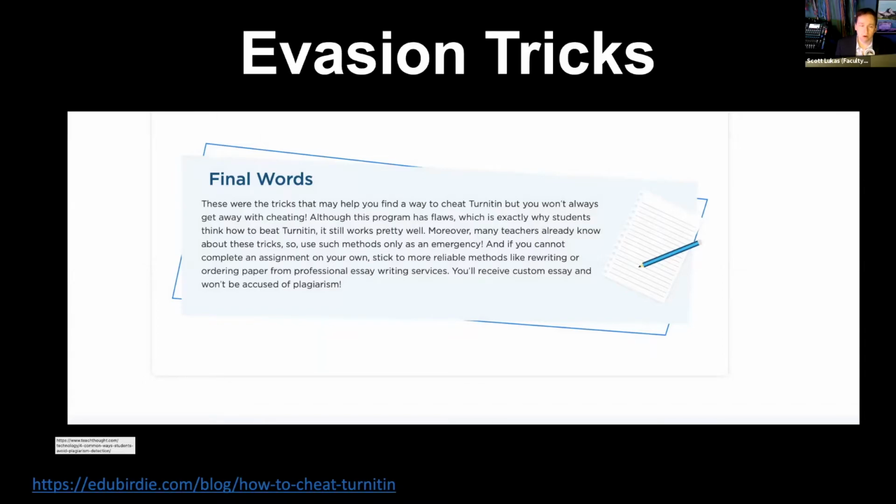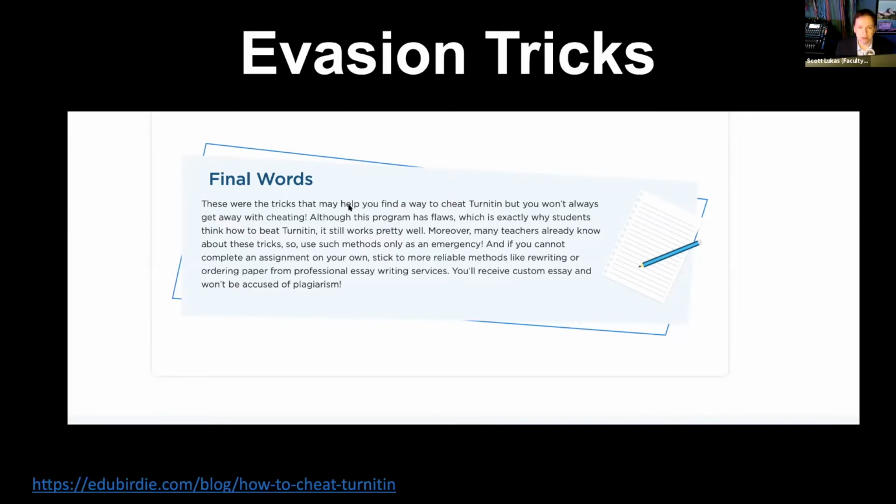Now, here's one way that a student could 100% avoid plagiarism every single time. And this is something I've said over the years: if anyone is able to pay for a custom essay to be written, then definitely it could happen and you might not detect it. And this is from one of those plagiarism websites.